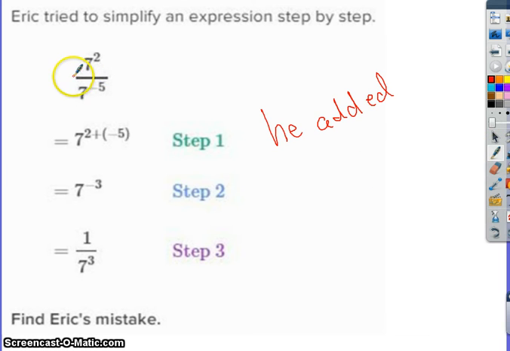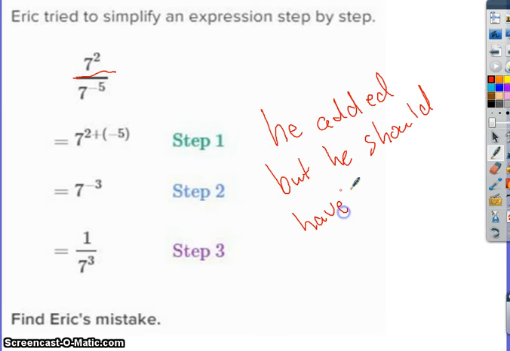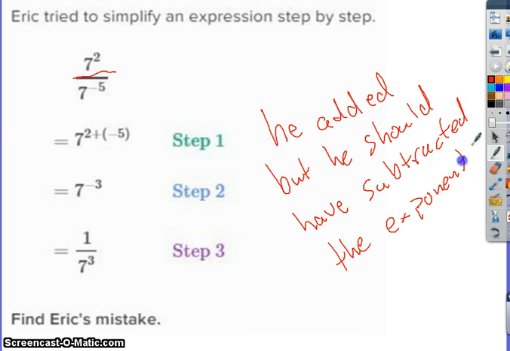And the answer to that is no. When you're dividing 2 powers like that, he should have subtracted the exponents. It should have been 2 minus -5 instead of 2 plus -5. So step 1 was the mistake.